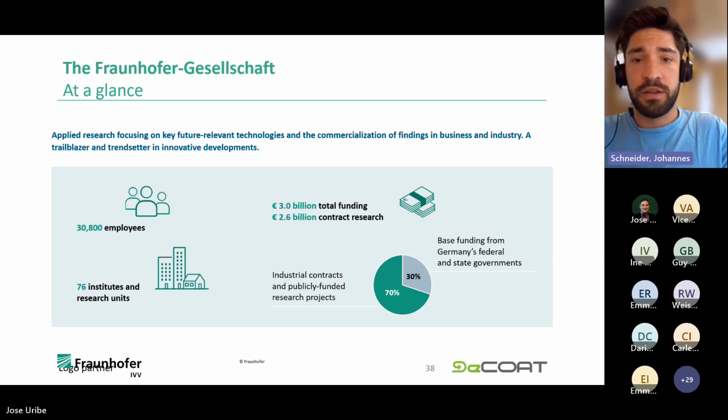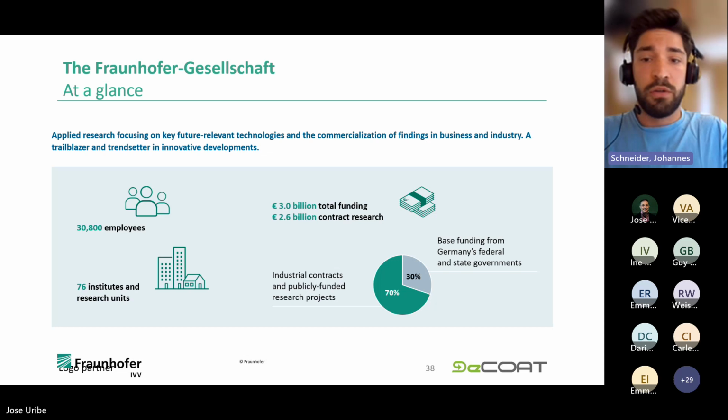The Fraunhofer Gesellschaft is Europe's leading research society for applied research, and the Fraunhofer IVV is only one of 76 institutes all over Germany that are conducting research in practically all application relevant fields of technology.